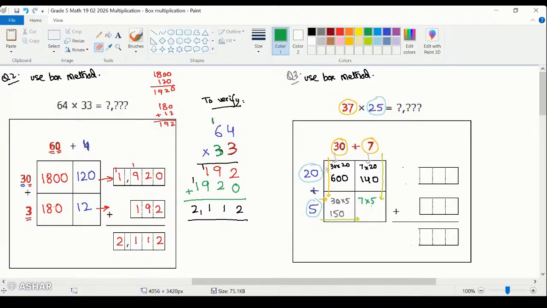See, what I'm doing is writing the values of the first one. I did 30 multiplied by 20, then 30 multiplied by 5, then 7 multiplied by 20, then 7 multiplied by 5. Inspiration, I'm waiting for your question. Please give me a question.